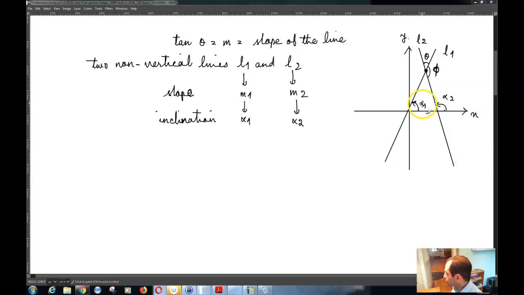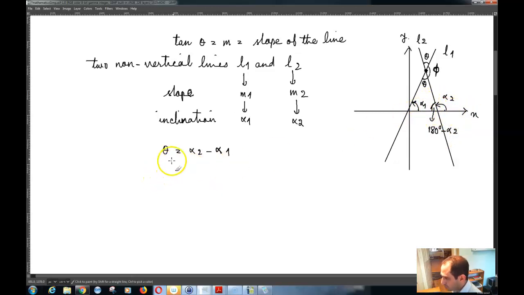The reason I can write this is that if this angle is theta, this angle is also going to be theta. And this is a triangle over here. This is alpha 1, this is theta, and this angle over here you can call 180 degrees minus alpha 2, because this whole angle is 180 degrees.